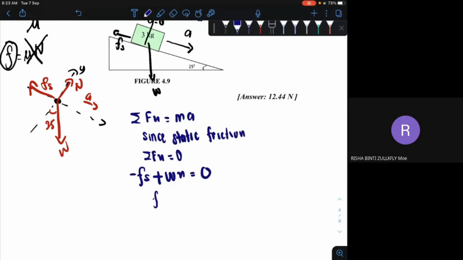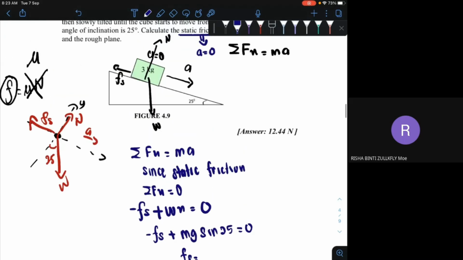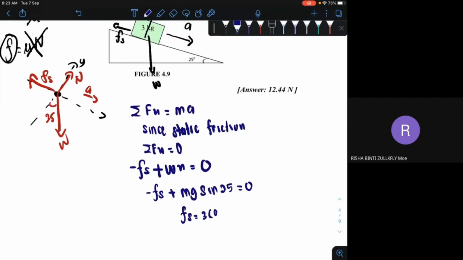So, Fs plus mg sin 25 sama dengan 0. Fs kamu akan jadi 3 darab 9.81 sin 25. Tekan calculator, you should get 12.44 Newton.